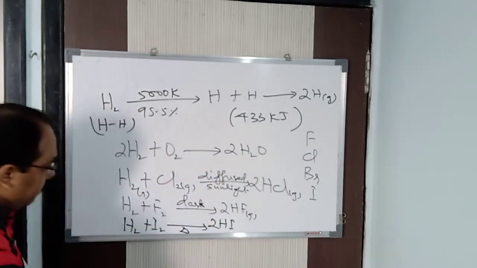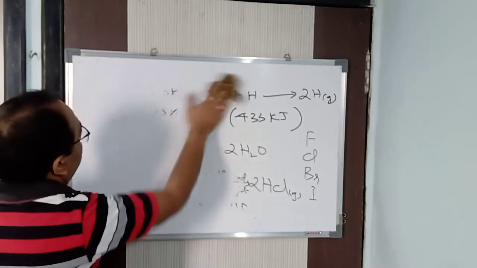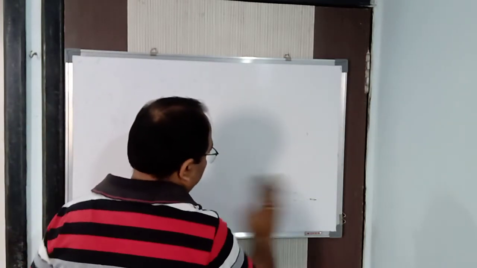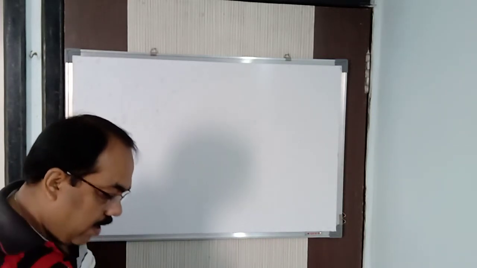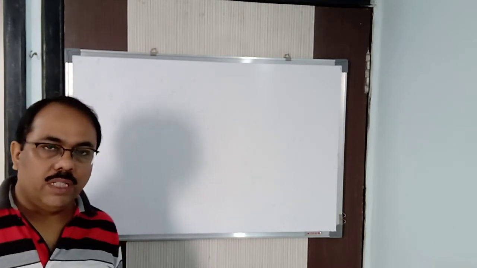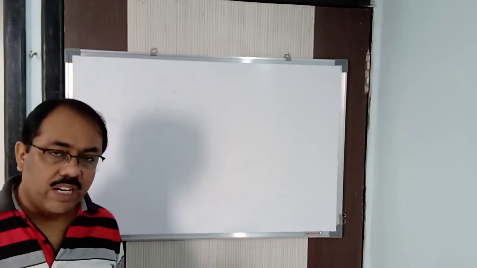Now, next we take another element, that is nitrogen. We will see what happens when hydrogen reacts with nitrogen. Nitrogen is inert under ordinary conditions, because nitrogen has got 3 bonds.